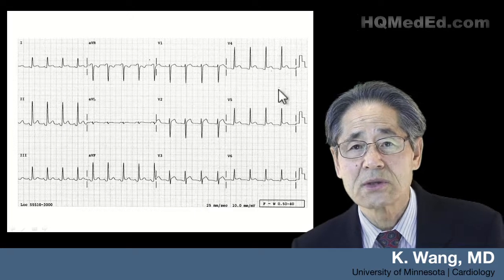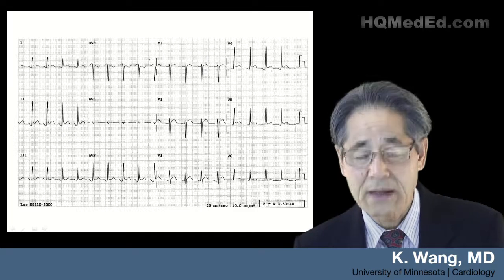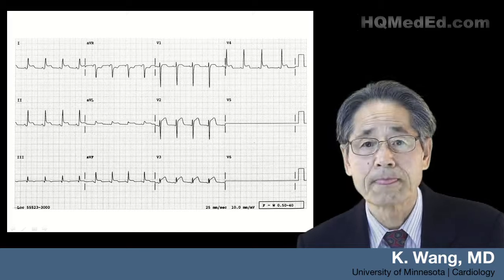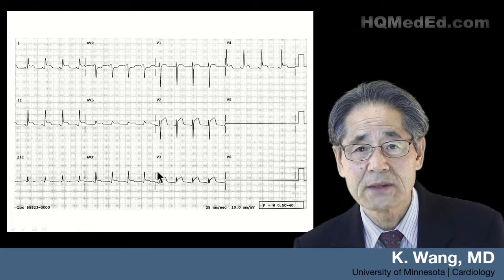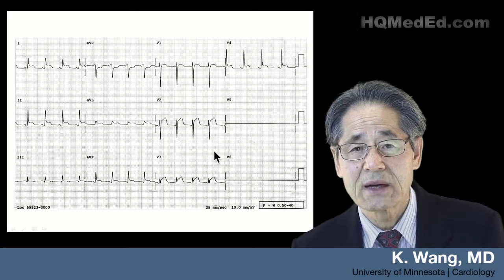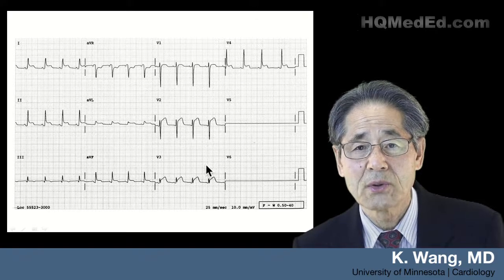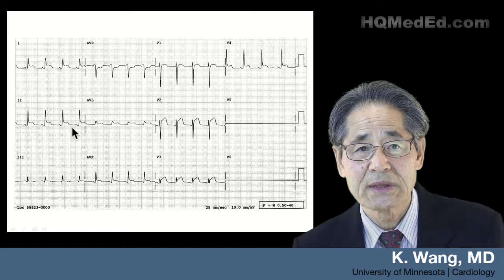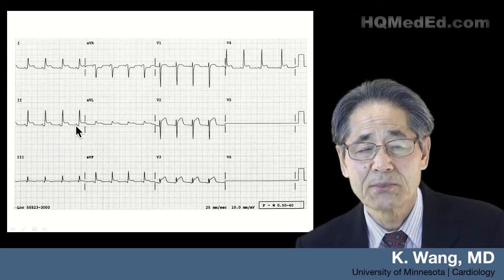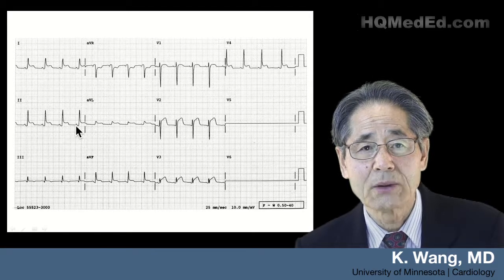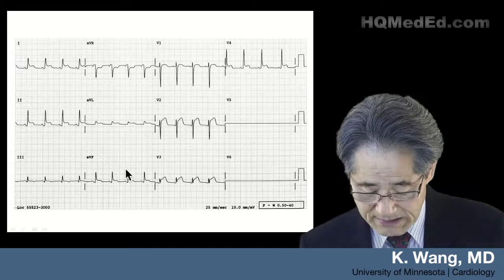This is a good example of acute pericarditis. Another example of acute pericarditis, diffuse ST elevation combining precordial leads as well as limb leads, and the PR segment depression, which is an atrial injury pattern or atrial counterpart of ST elevation.